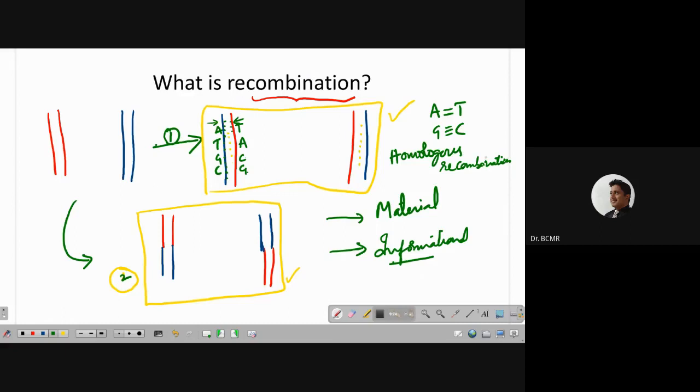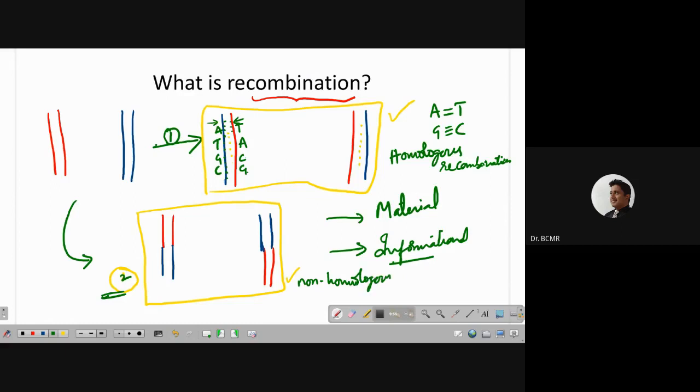Homology is similarity between these two strands. They should be similar but not identical. If it is identical, as I showed you in the previous slide, then there is no difference at all, so it wouldn't matter. In the second one, there are multiple ways, and you call all of them non-homologous recombination.